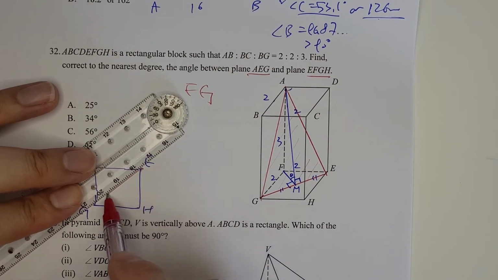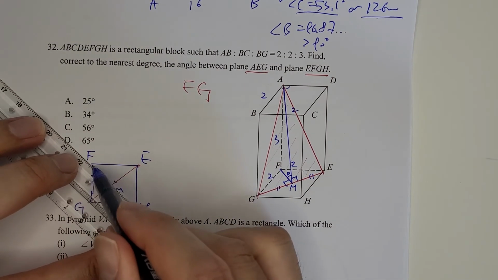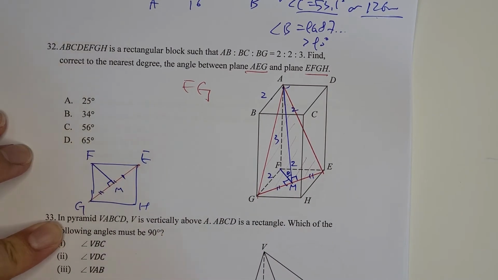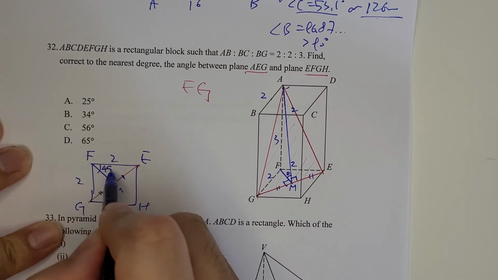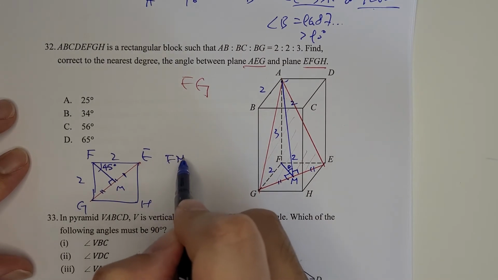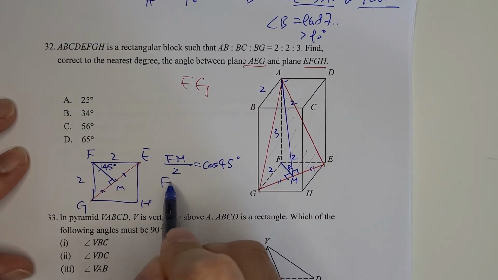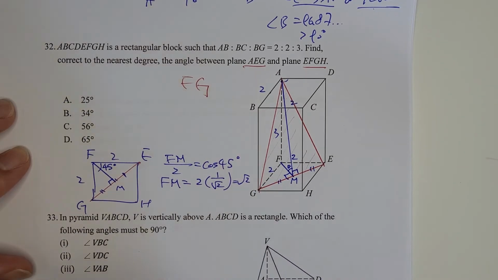There's a line GE and there's a point M. We need to find FM, that is 2, 2, okay, and here that is 45 degree. Okay, so we can apply this way. FM over 2, that is cosine 45 degree. So FM equals 2 times 1 over root 2, that is root 2. FM, that is root 2.